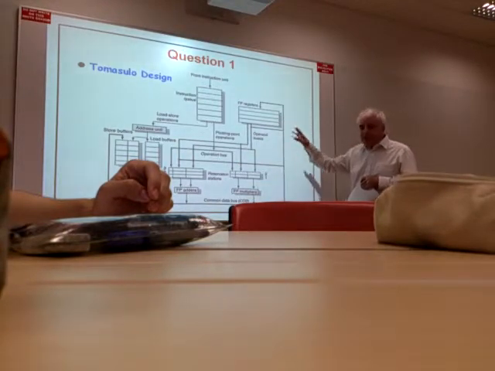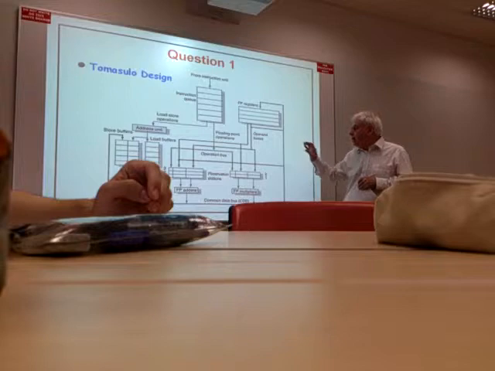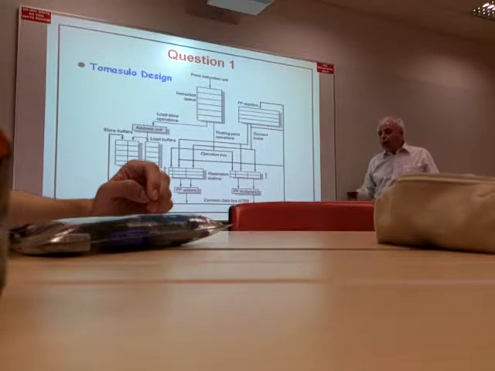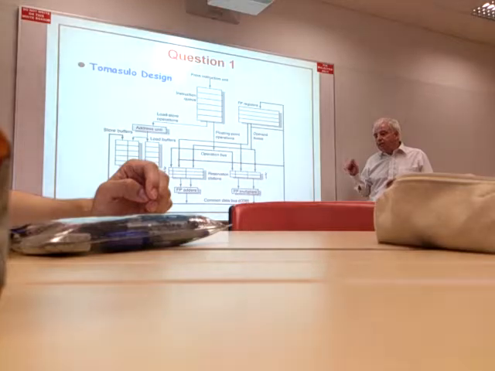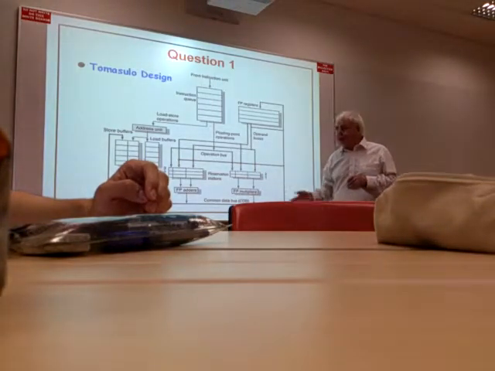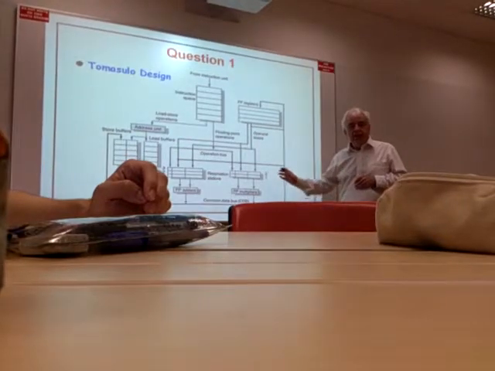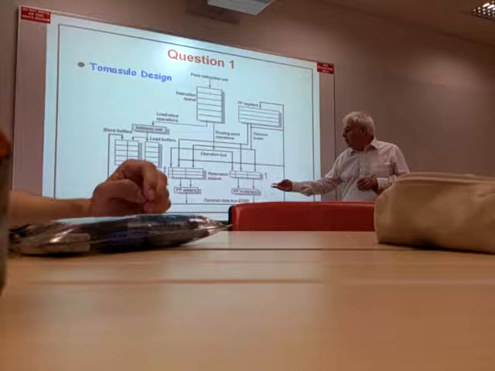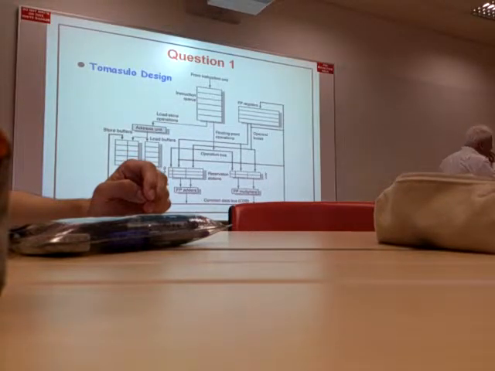So I think you've considered this architecture in the lectures, so I won't go into the details, but what we're asked to do is to go through the code and work out how many clock cycles it will take to execute that code fragment on this architecture. Okay, so we have some assumptions.